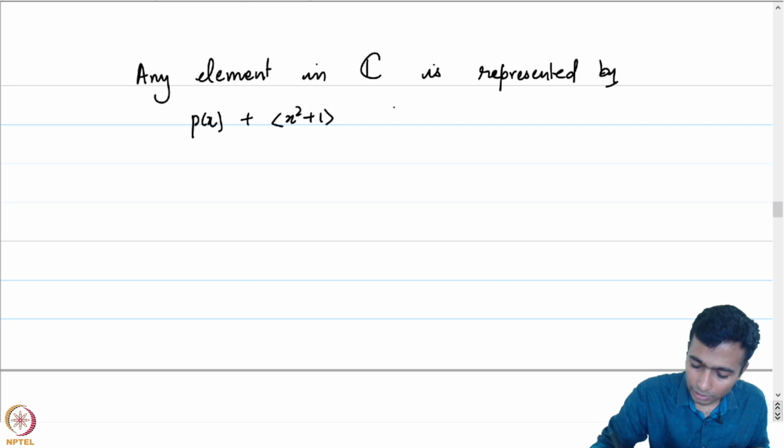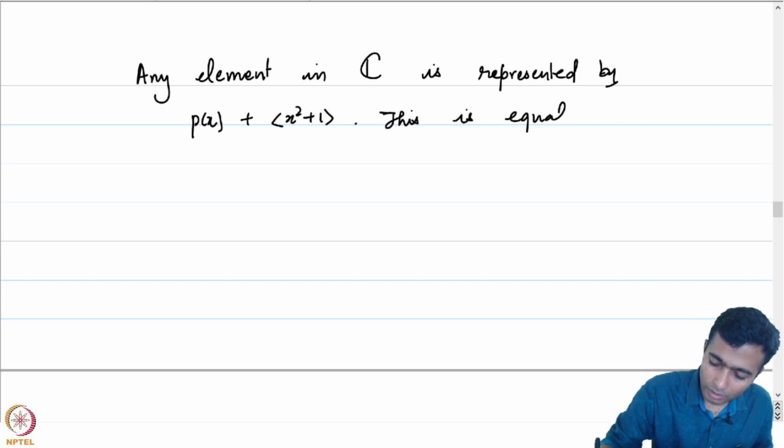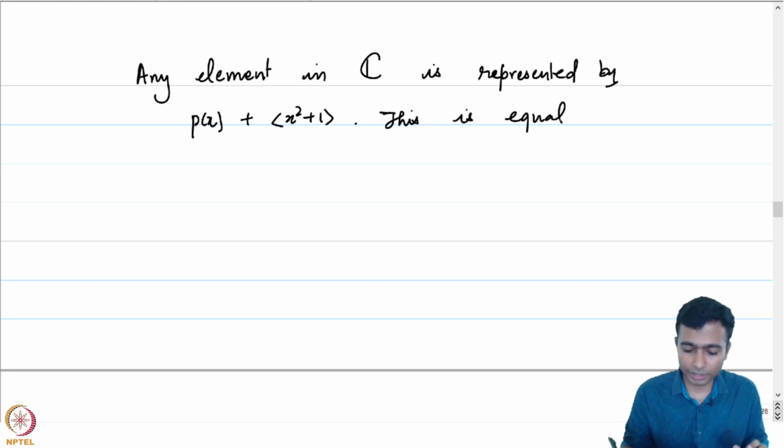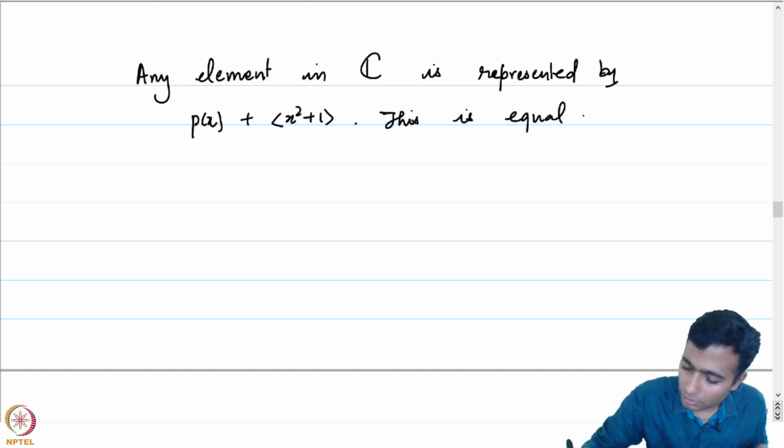But this is also equal to P of the coset representative of x, the polynomial expression of the coset representative of x. This is equal to P(I).